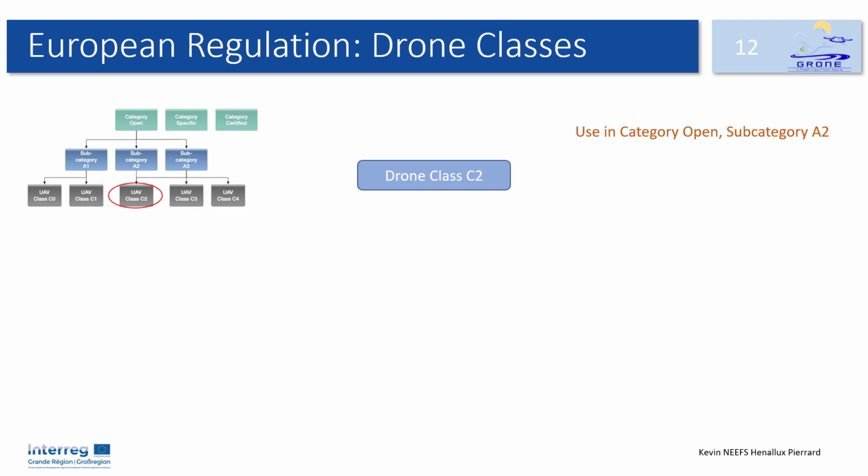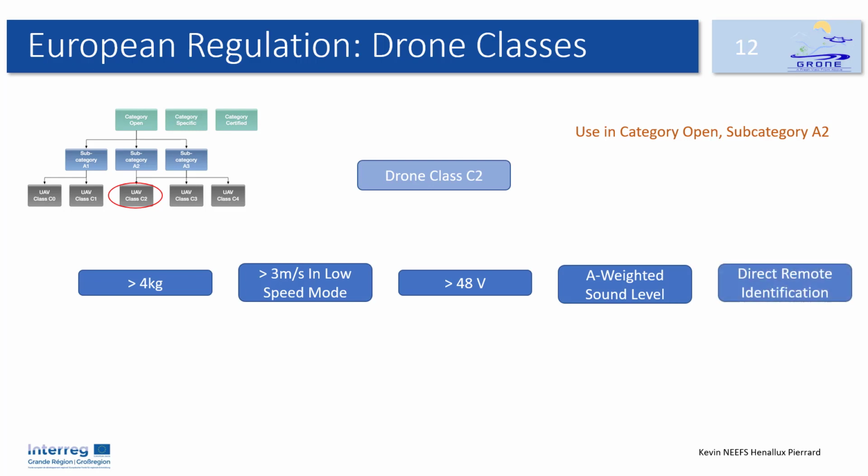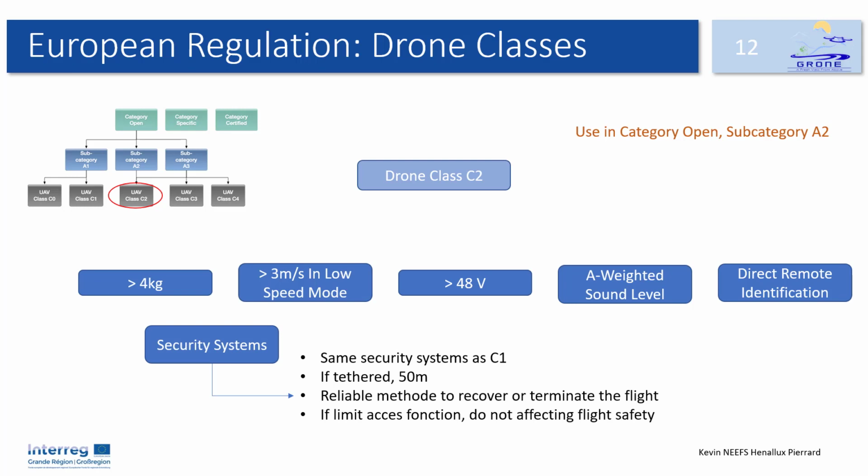To be in the C2 class, the drone must weigh less than 4 kilograms, have a low speed mode of 3 meters per second, be powered by electricity and have a nominal voltage not exceeding 48 volts, have a guaranteed A-weighted sound power level, have a direct remote identification, be equipped with C1 security systems, and, if tethered, have a tether length that is less than 50 meters.